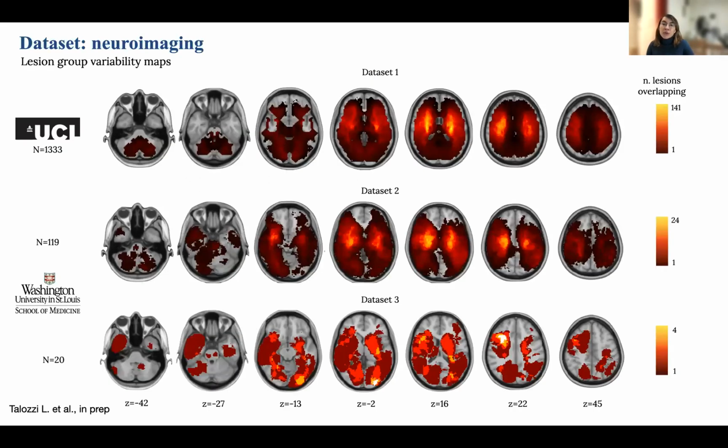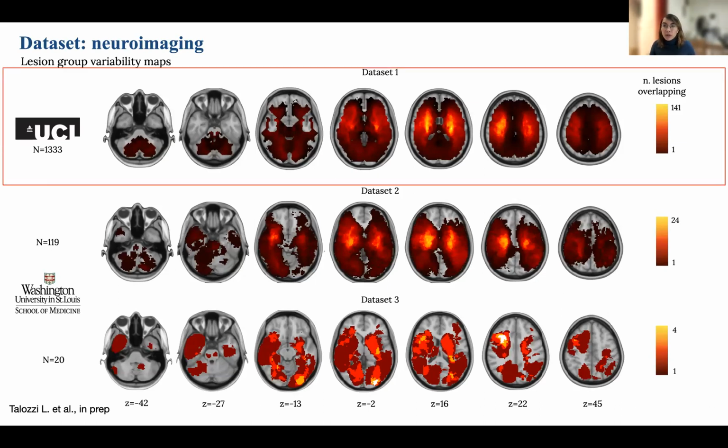So to do so, as Galton started to do, we need the data, we need to collect data. This is a data-driven approach. So for the disconnectome morphospace creation, we are going to use dataset 1 that has been acquired at UCL London, and it contains more than 1,000 stroke data, so a rich dataset, and you can appreciate how the lesion distribution is equally distributed bilaterally.